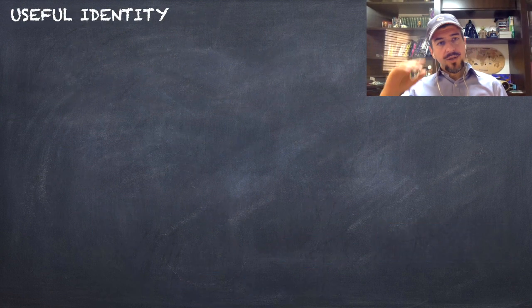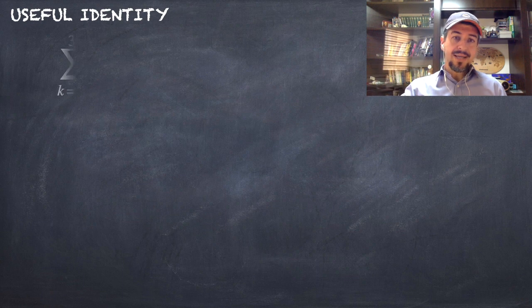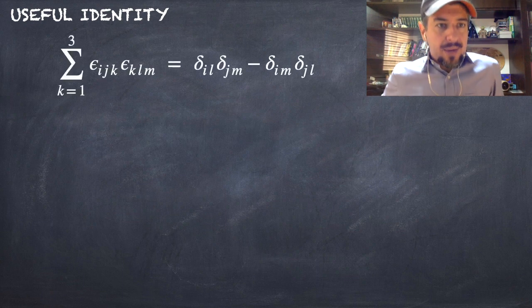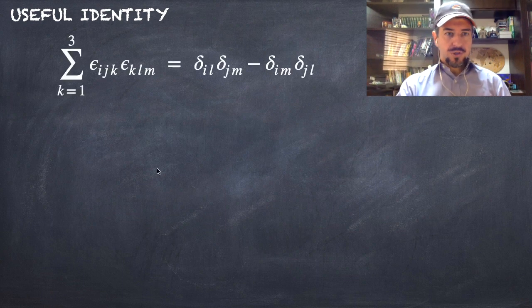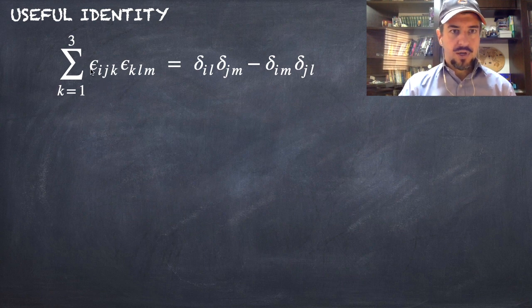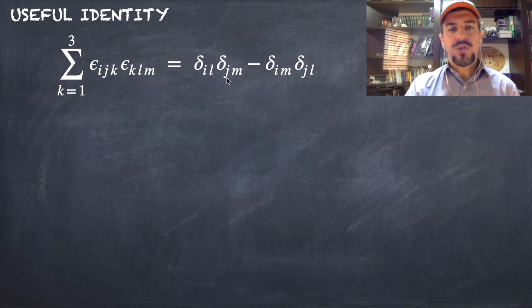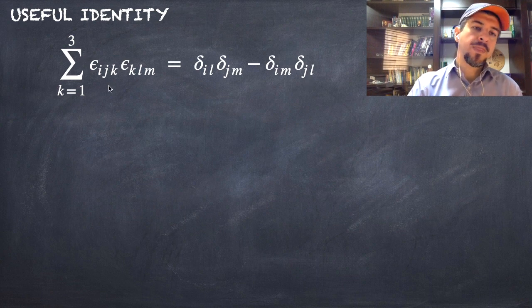So now we're ready to discuss this useful identity. The summation of this product of epsilon tensors is equal to this product of Kronecker deltas minus this other product here.